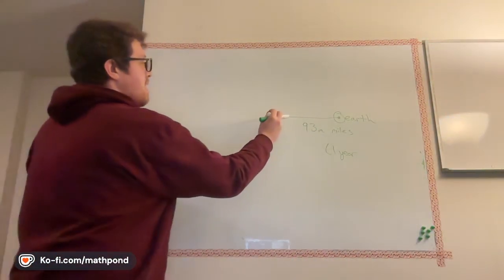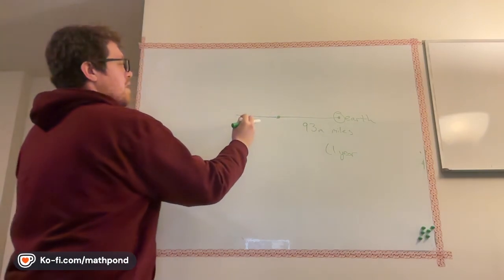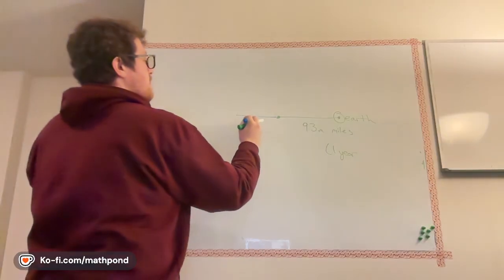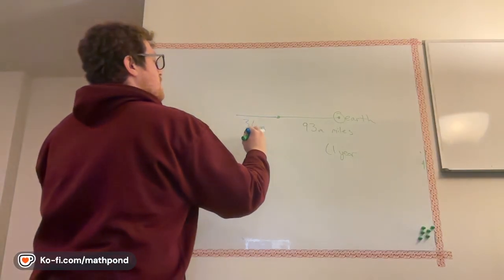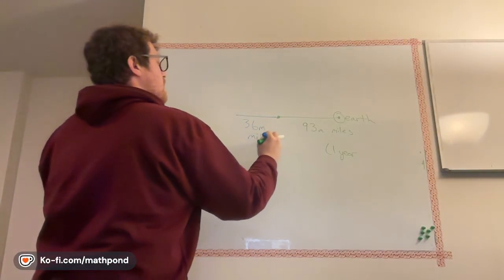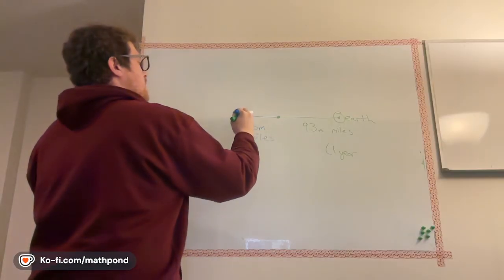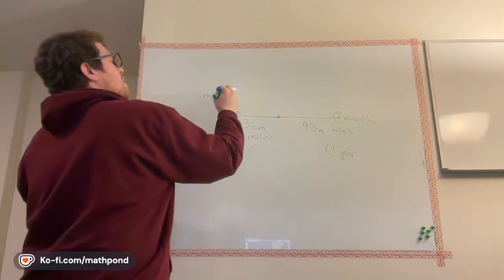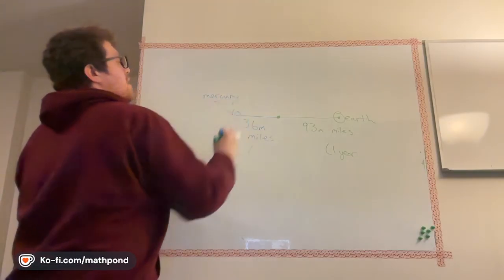So then we have an 36 million miles. And I don't know why I did Mercury blue. Well, I guess the Earth can be green, that's fine.